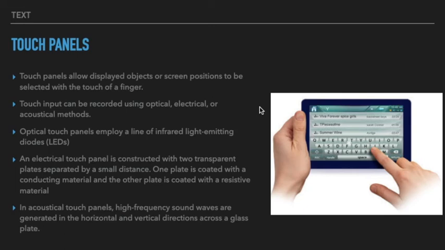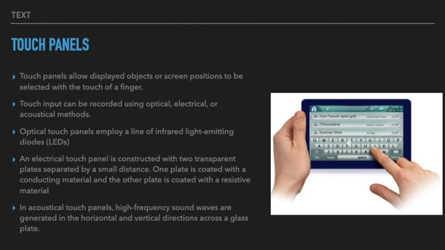Okay, and in acoustical touch panels, high frequency sound waves are generated in the horizontal and vertical directions across a glass plate, and touching the screen causes part of each wave to be reflected from the finger to the emitters, and the screen position at the point of contact is calculated from a measurement of the time interval between the transmission of each wave and its reflection to the emitters. Okay, so that's how touch panels work.